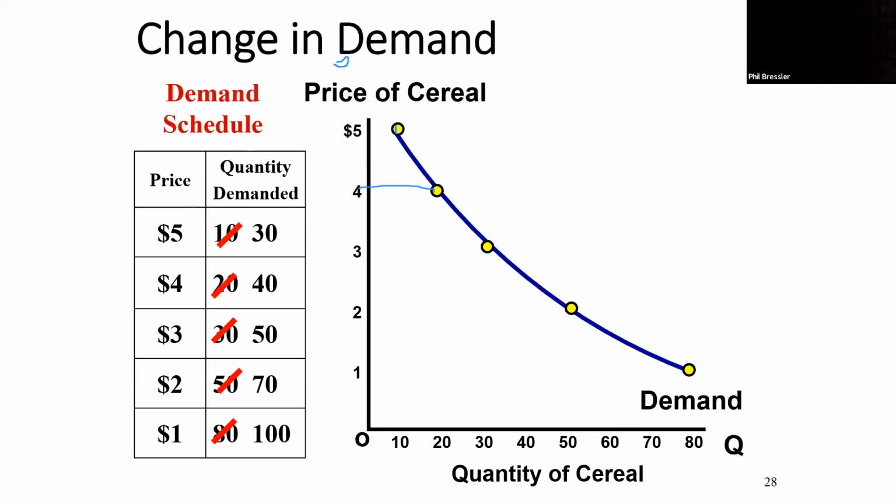So to show that, I'm going to put the arrow and then have a demand curve. When you see this, a change in demand, it's an increase in demand, it's a shift in demand. When the whole curve moves, change in demand, increase in demand, shift in demand.